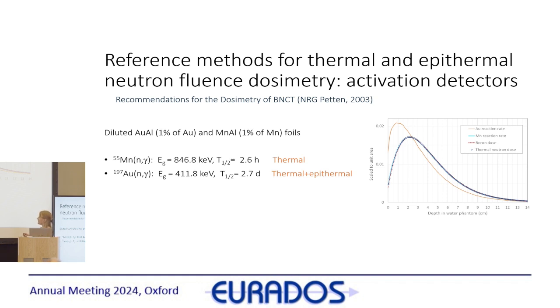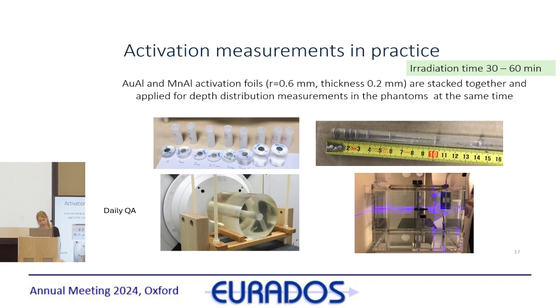Here I have plotted a depth distribution curve, scaled to the same unit area, of gold reaction rate, manganese reaction rate, boron dose, and thermal neutron dose. We see that the manganese reaction rate, boron dose, and thermal neutron dose behave exactly the same way in the phantom. In practice, we place these manganese and gold foils together at the same depth.